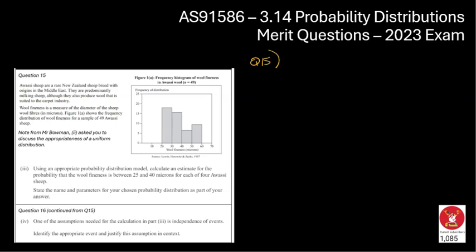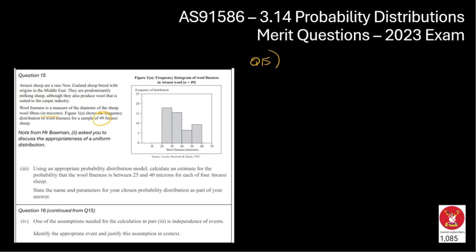This was all about a rare sheep breed in New Zealand, and it has origins from the Middle East. The wool fineness is measured in microns, so that's what the units on this axis are. Then we've got the frequency of the distribution for the wool fineness of a sample of 49 of these sheep.